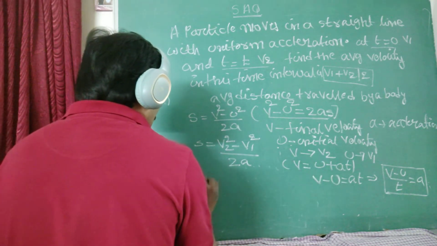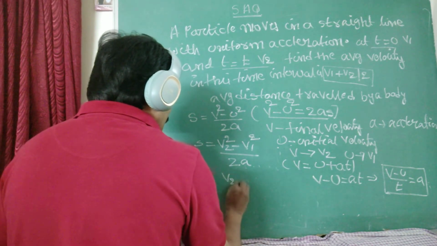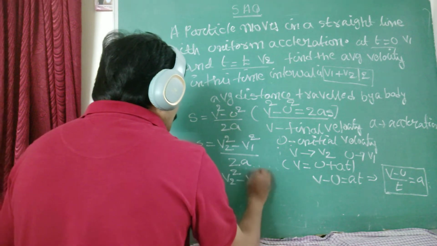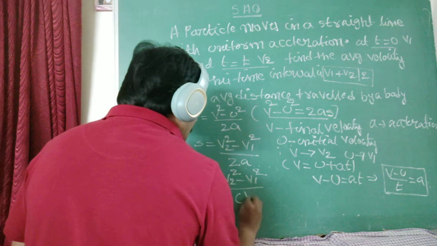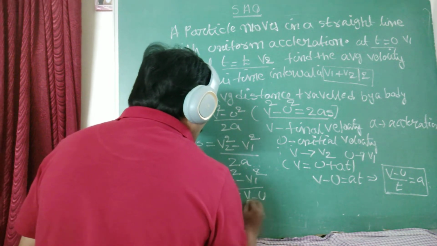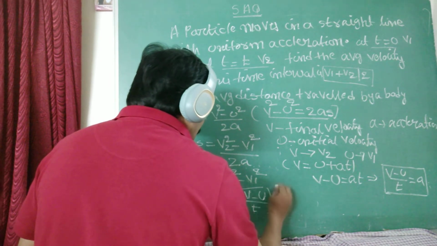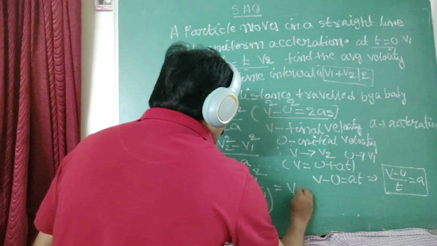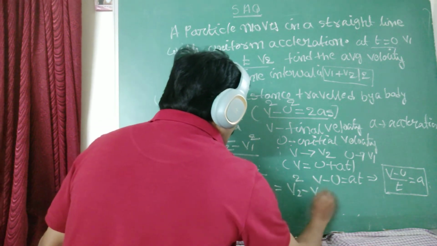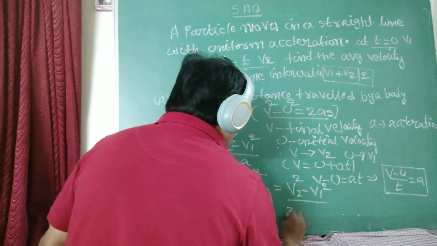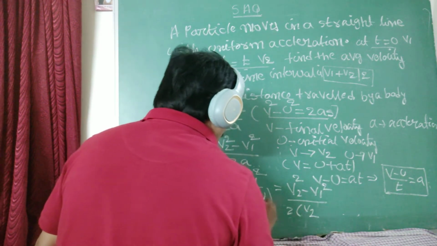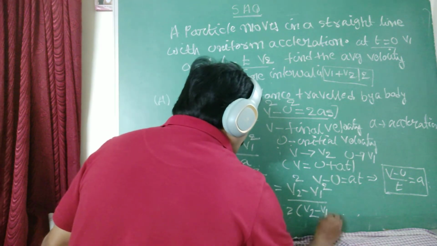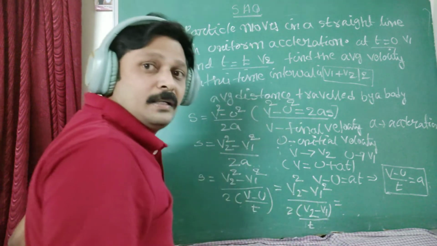Substitute that value now here. s equals v2 square minus v1 square by 2 into v2 minus v1 by t, meaning v minus u by t. From this now we should write v2 square minus v1 square divided by 2 into v, which is nothing but the final velocity, and u, the initial velocity, divided by time.